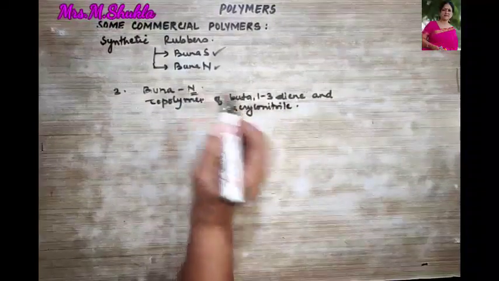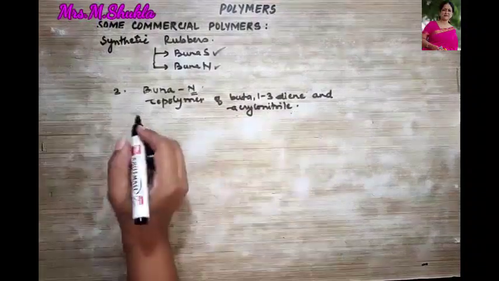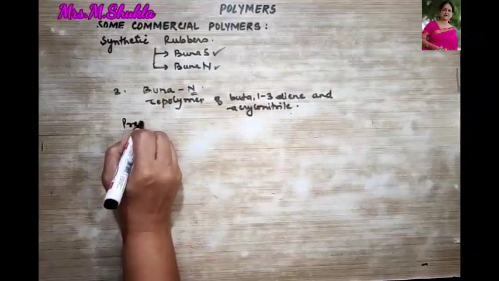And over here this N means acrylonitrile. Followed? So let us see how it is prepared.